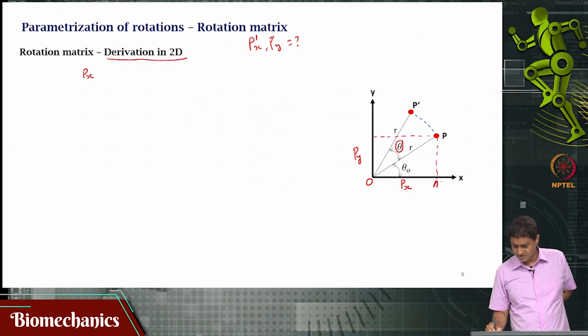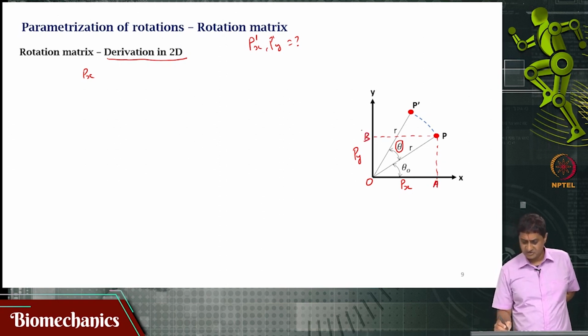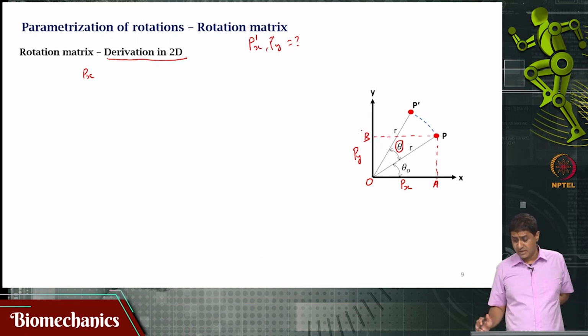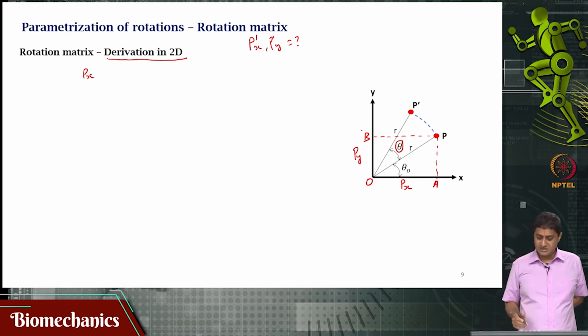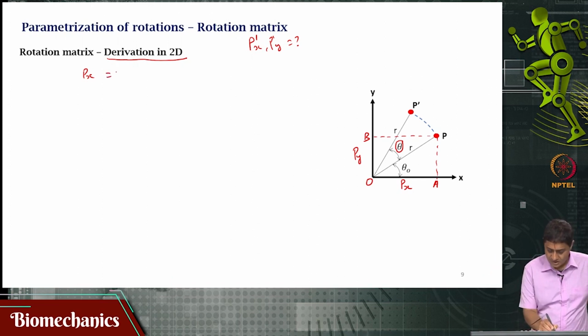I am going to call this point A and that point B, for example. In the right triangle OAB, OA is Px, that is the adjacent side. The question is, what is its value? Because I know the length of the vector to be r, that is actually r cos theta naught.